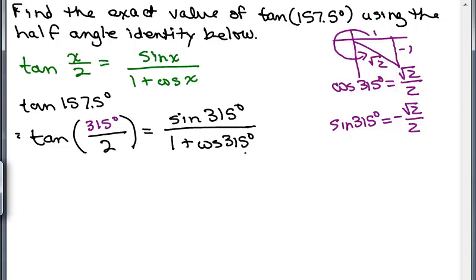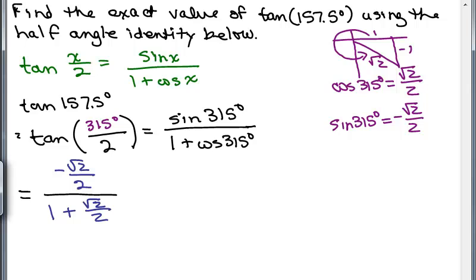So now we're going to plug those values in for the sine and the cosine in this formula. So we have in the numerator the sine of 315, that is negative square root of 2 over 2. And in the denominator we have 1 plus the cosine, and the cosine is square root of 2 over 2.